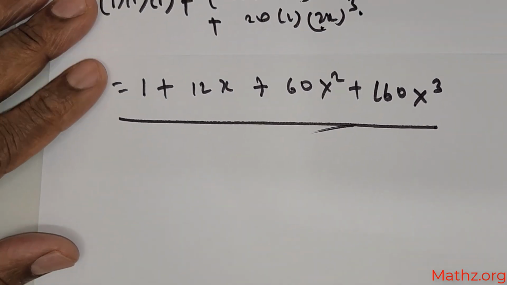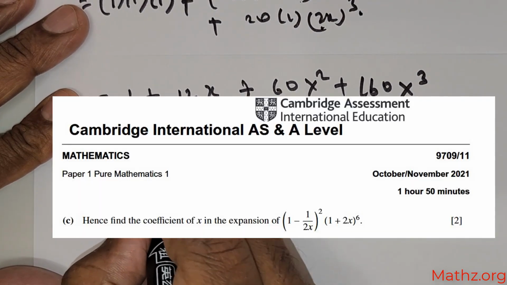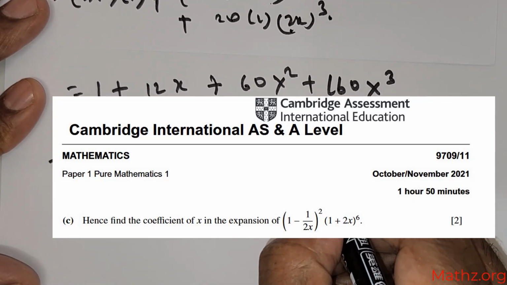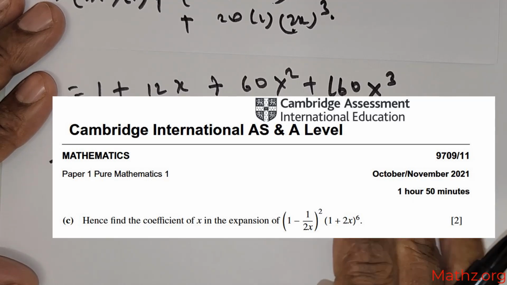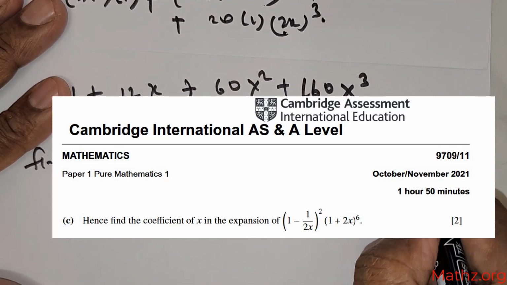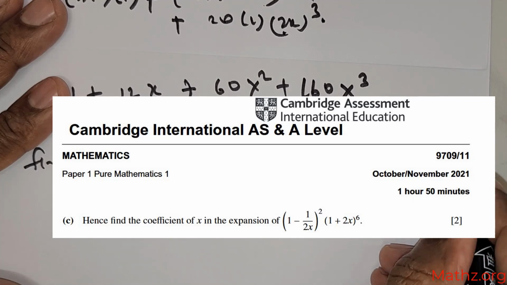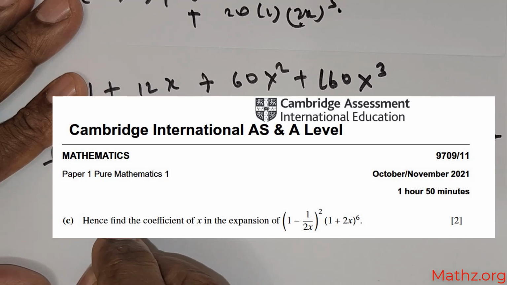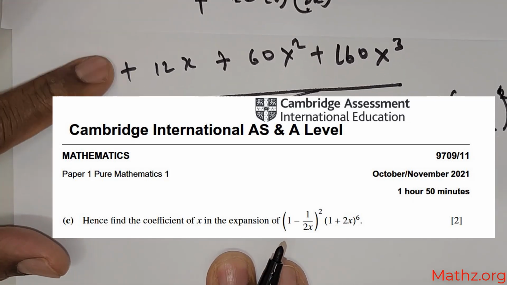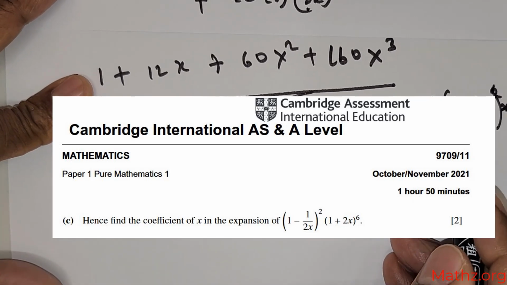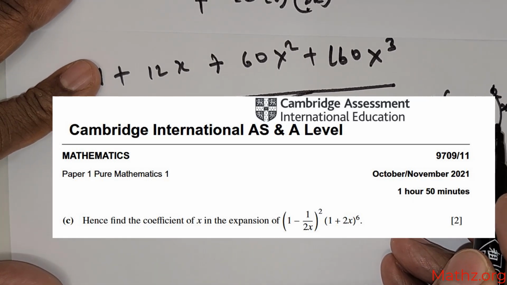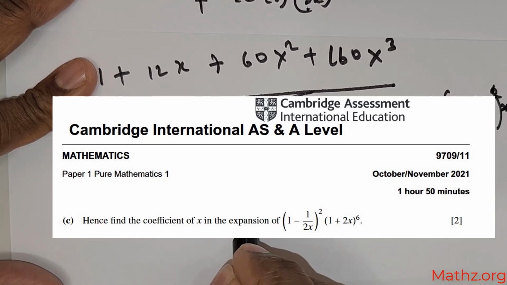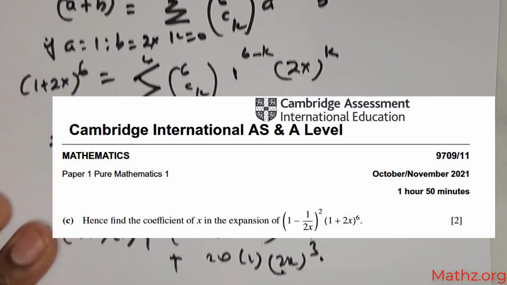Now we have to move to the next question. It says find the coefficient of x in the expansion of (1 − 1/(2x))² multiplied with (1 + 2x)⁶. Okay, (1 − 1/(2x))² has already been obtained, which is 1 − 1/x + 1/(4x²).